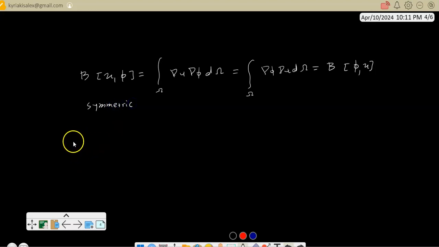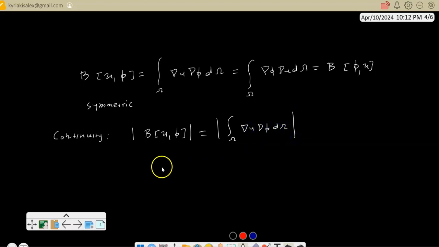And now what I need to do for the Lax-Milgram is first to show the continuity of the bilinear form. I take the absolute value of the bilinear form. So this is grad u grad phi d omega. And this I can use the integral inequality, a triangle type inequality.